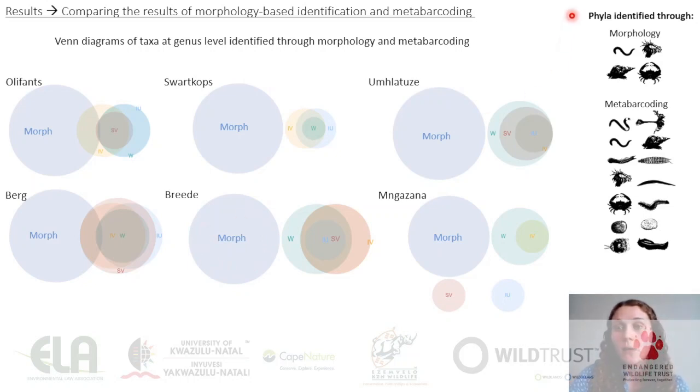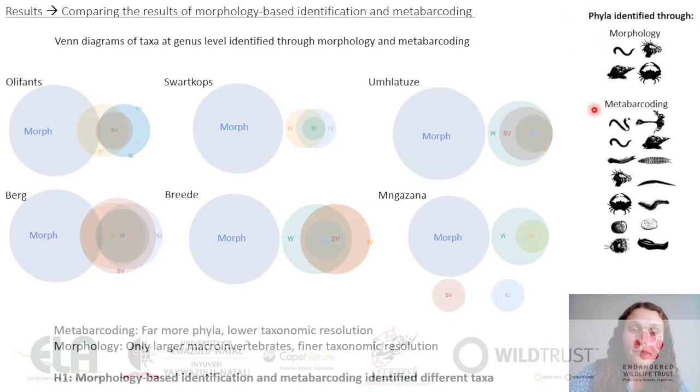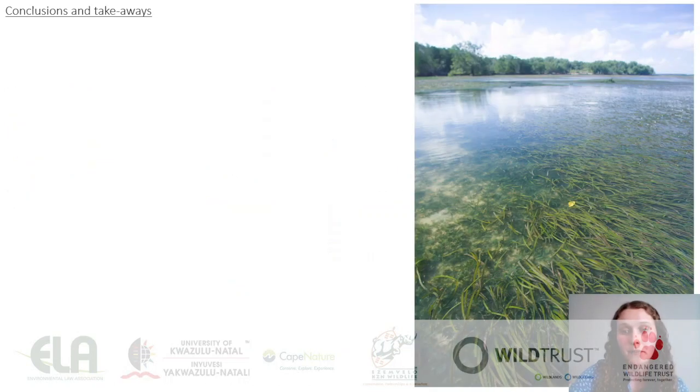However, on the right, we have the phyla that were identified through morphology and metabarcoding. Metabarcoding identified far more phyla, but had a far lower taxonomic resolution, whereas morphology identified only a few phyla that were larger macroinvertebrates, but had finer taxonomic resolution. They therefore identified different taxa.